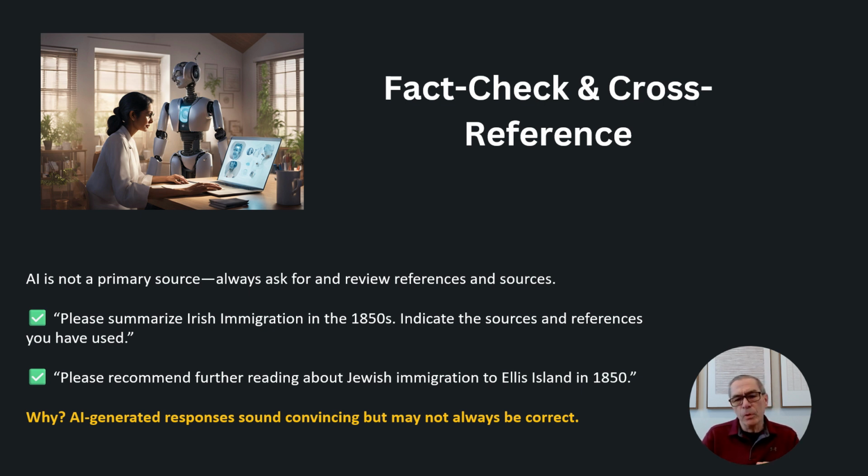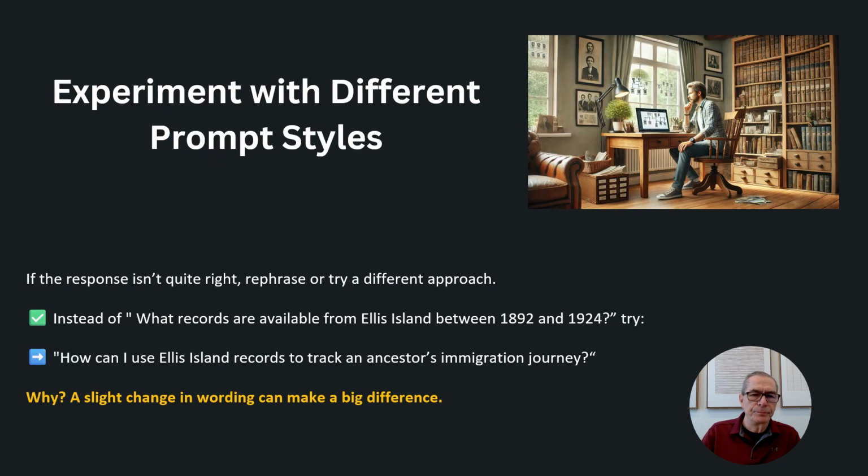And one of the things I do a lot within ChatGPT is ask for further reading, and that will point you to documents and books and references where you can go and read. So an AI generated response may always sound convincing, but it's not always correct. We always have to fact check, and the output belongs to you. You're responsible for making it correct. AI is not responsible for the output that you use.